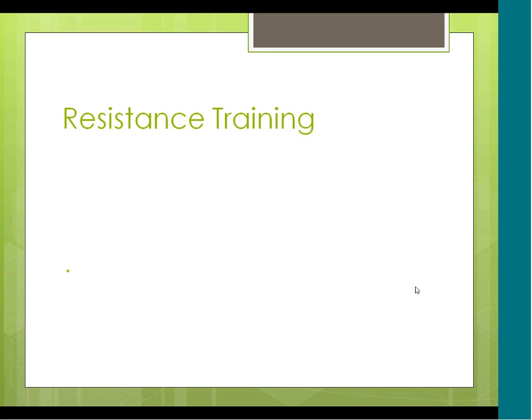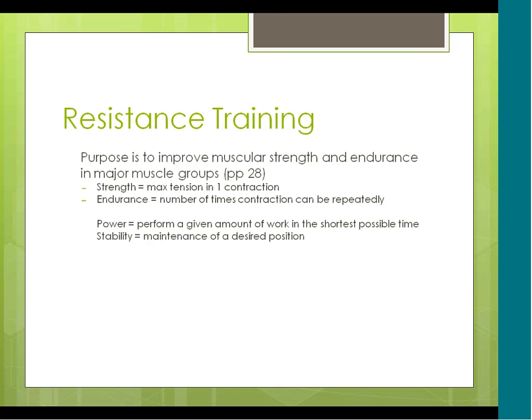Resistance training, muscular conditioning, strength training, all the same thing. Basically, we're looking at improving muscular strength and endurance of the major muscle groups. So when we perform strength activities, we're talking about maximal tension in one contraction, so lifting something heavy once and being done. Endurance is lifting something a number of times without fatigue or holding something for an extended period of time.